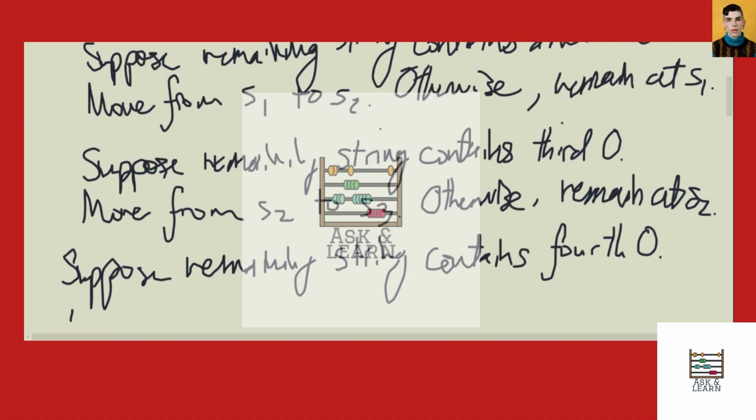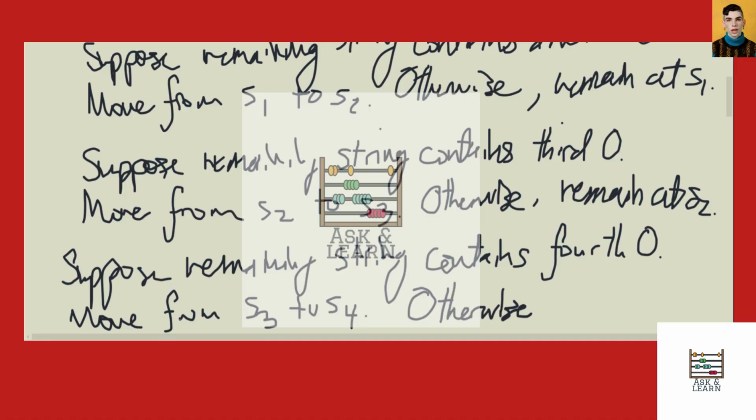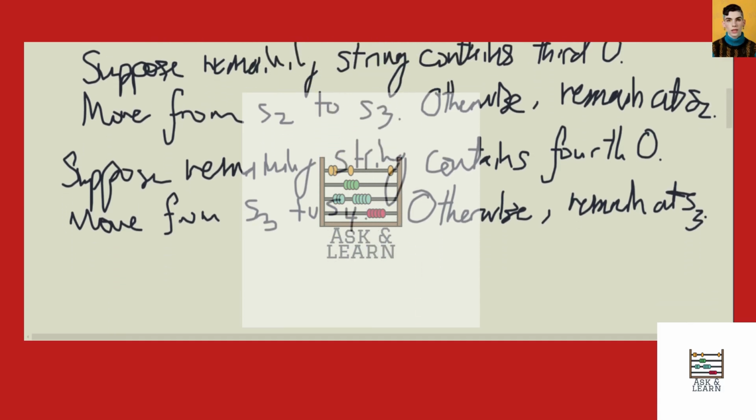Then we're going to move from S3 to S4. Otherwise, if the string does not contain a fourth zero, then we're going to remain at S3 because the string will only contain three zeros.